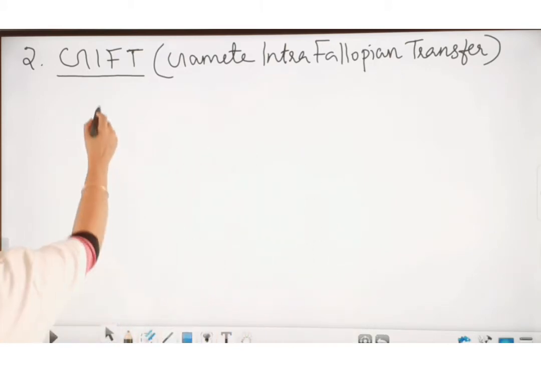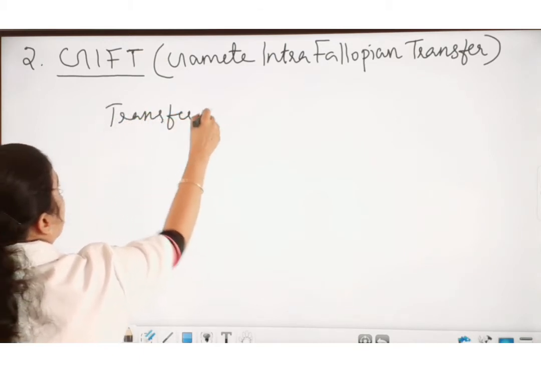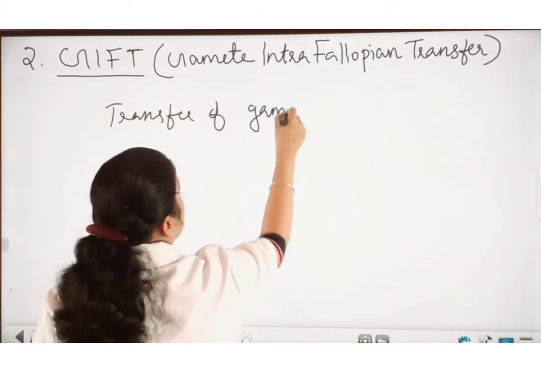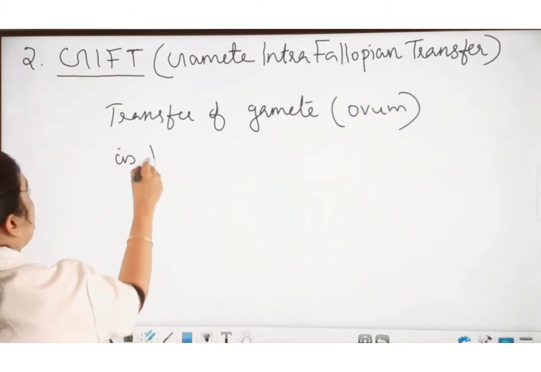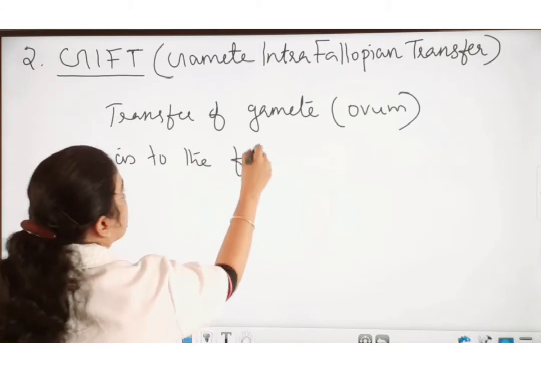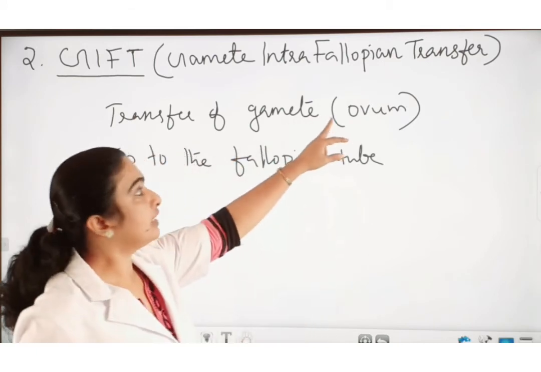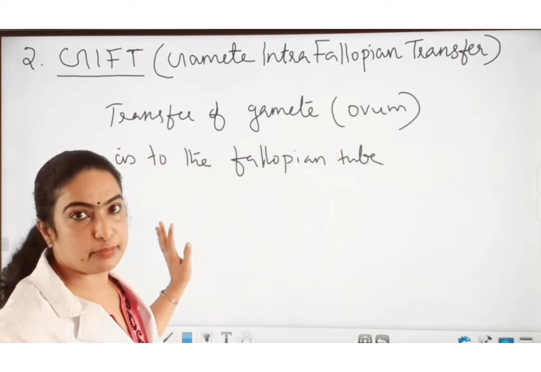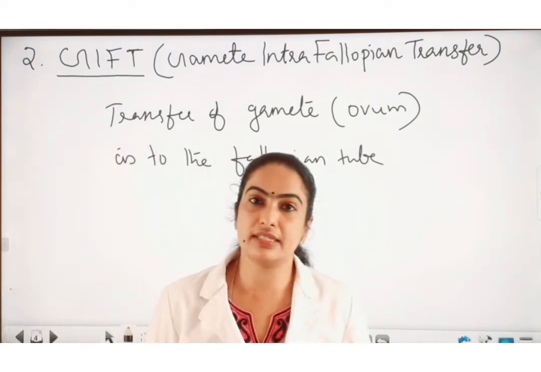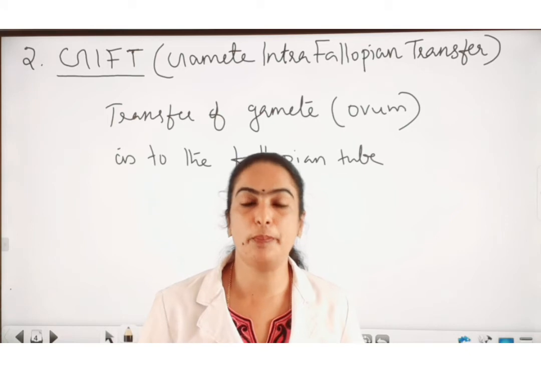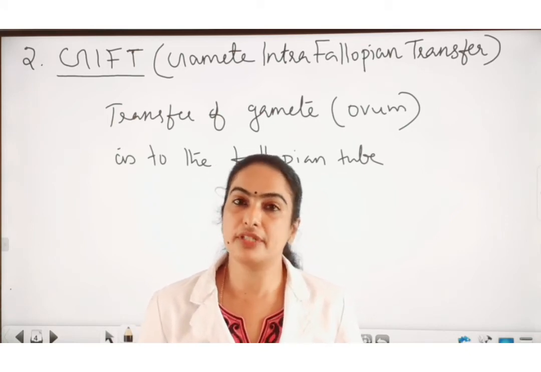So here is the transfer of gamete. Gamete means ovum into the fallopian tube. This ovum or gamete can be collected from the donor female. After the deposition of this gamete into the female fallopian tube, normal fertilization will occur after copulation.